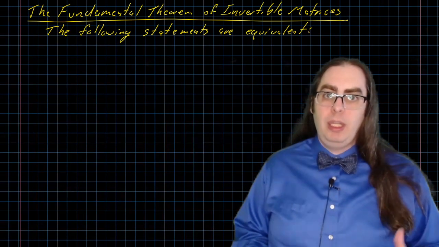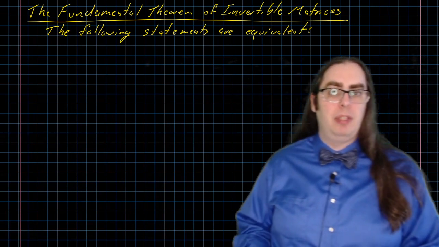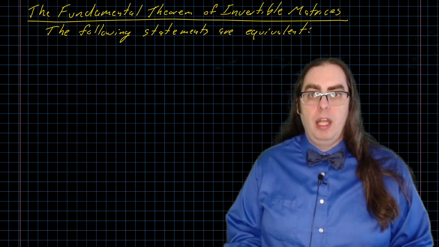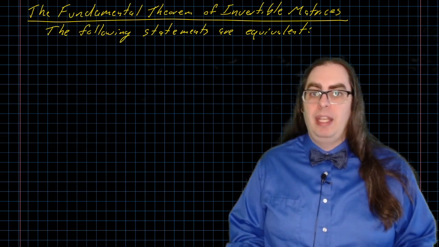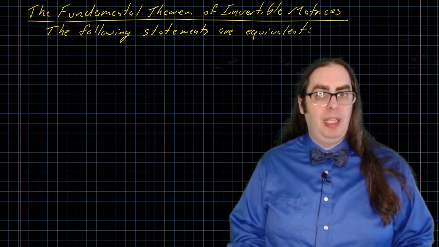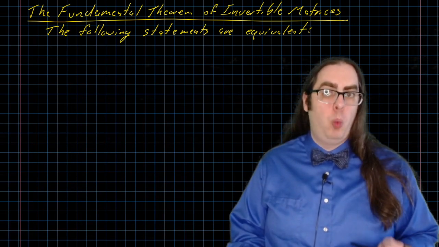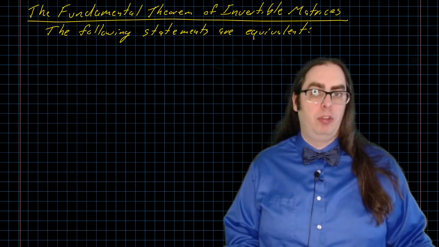And it does so in a kind of strange way, right? The following statements are equivalent. There are about a dozen statements here. And when I say that the following statements are equivalent, what I mean is, if you know that any one of these statements is true, then all of the other statements must be true.